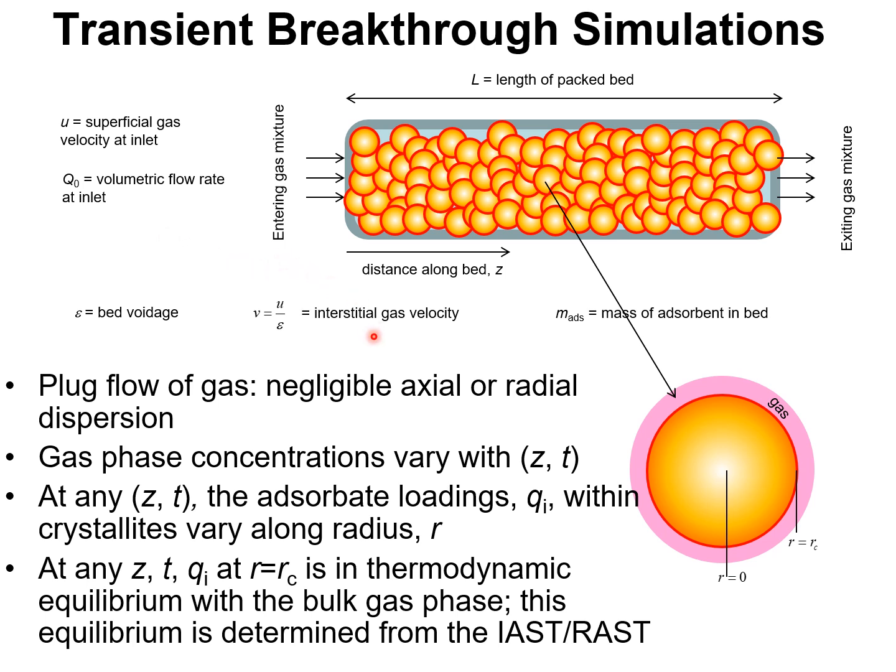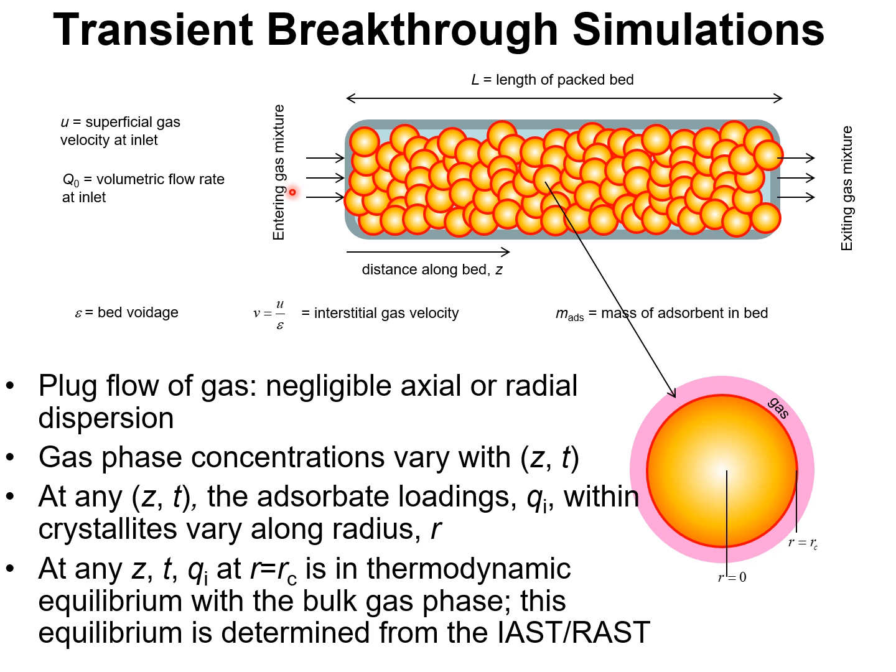And the interstitial gas velocity inside the bed is the superficial gas velocity divided by the bed voidage, which is v. In setting up the model for transient breakthroughs, we assume plug flow of gas, assuming negligible axial or radial dispersion.